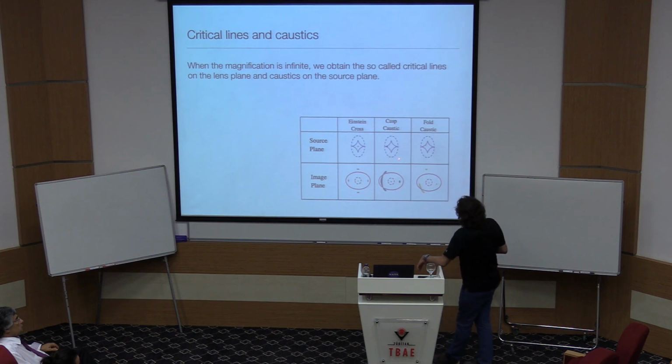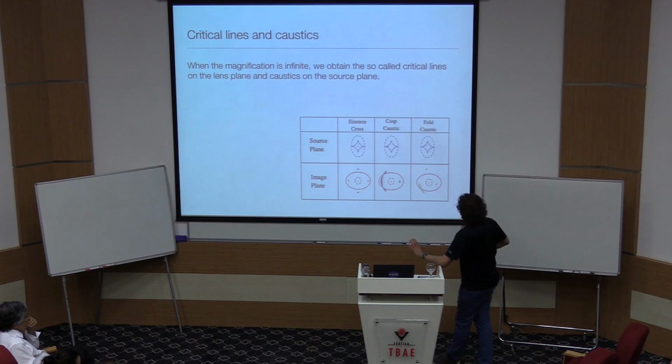But another thing to show is the cusp and fold caustic. If you put your background image at the cusp, what you observe on the image plane looks like this. By the way, this is known as the Einstein cross. I will show a real example of it as well. In the cusp, you get this large image.